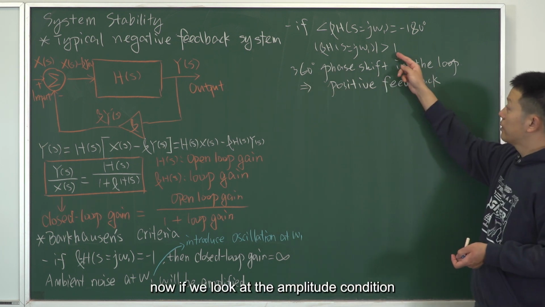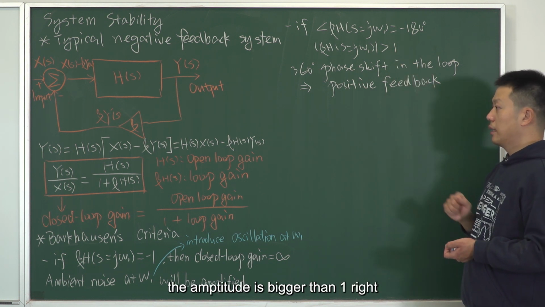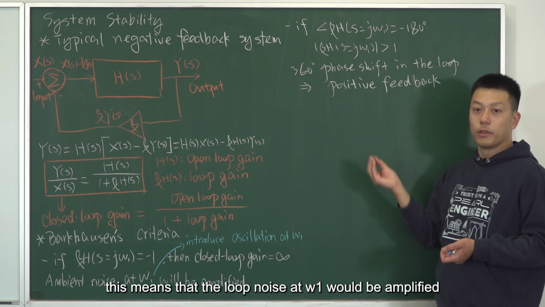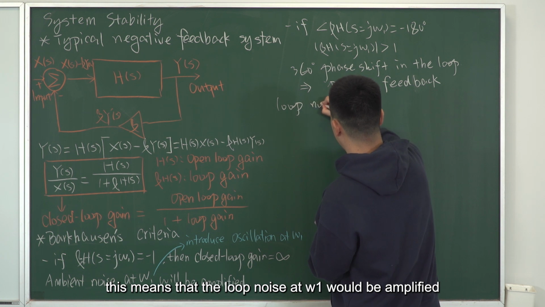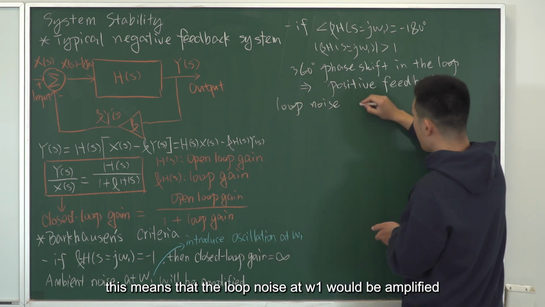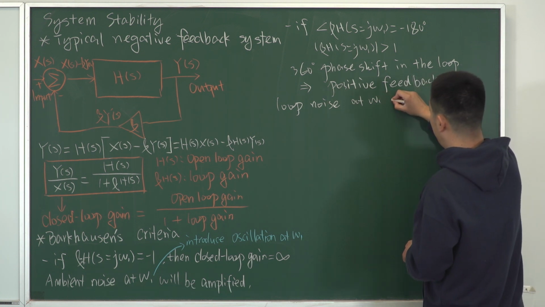Now if we look at the amplitude condition, the amplitude is bigger than 1, right? This means that the loop noise at omega 1 would be amplified.